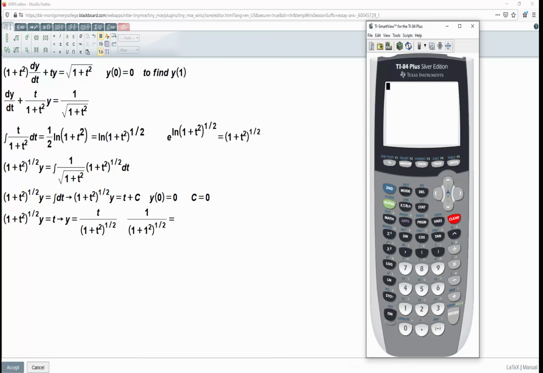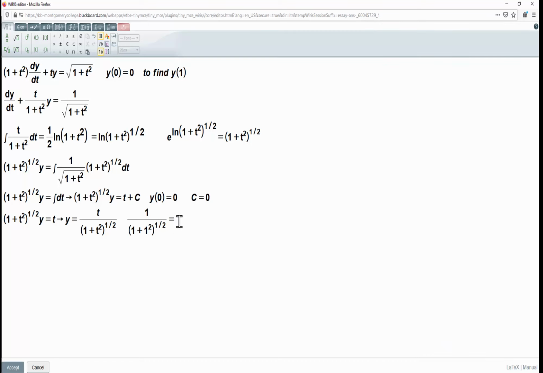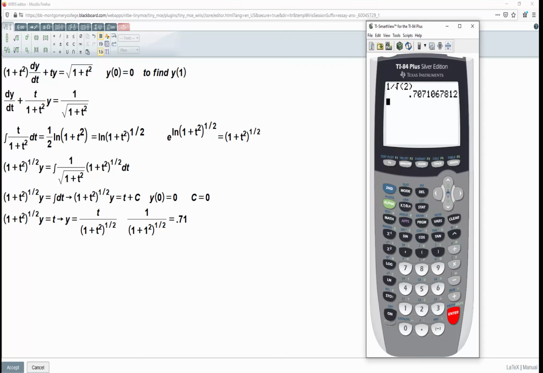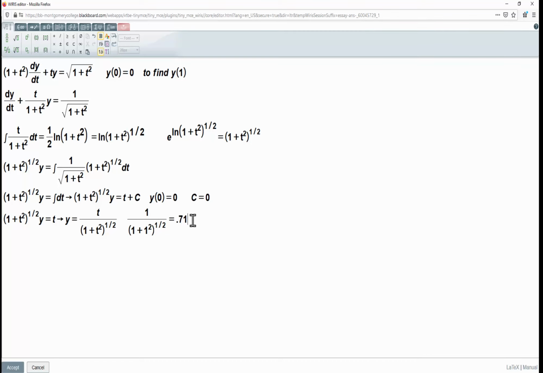So let's write 1 over square root of 2 here. So that's like 0.7071. I forgot where is the calculator. Okay, making sure that I write it correctly.